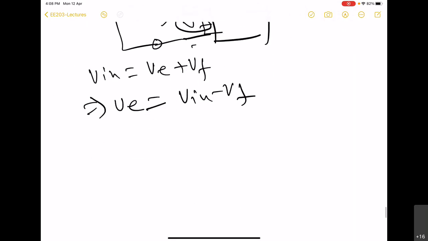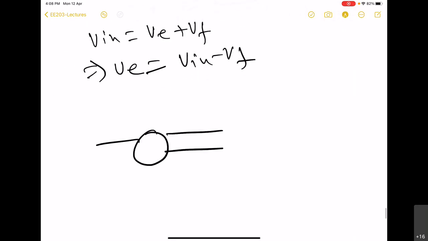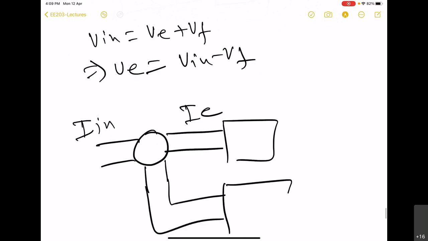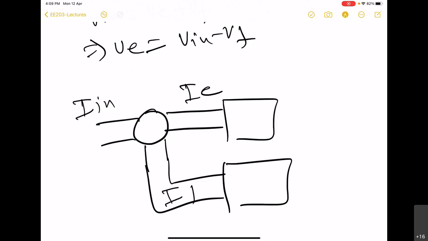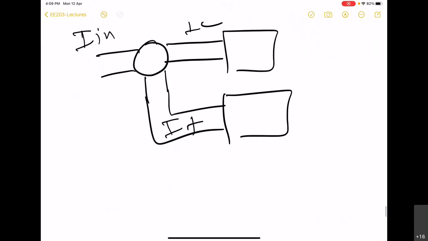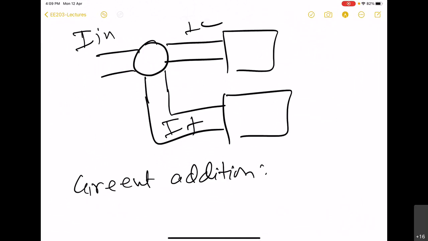Okay. Similarly, suppose we have to supply current. That means we have I in here. We want to feed IE to the amplifier, and we are feeding back current. So we have to basically add currents, or subtract, it's the same thing. And we know that they always have to be done in parallel. That means these two connections here have to be in parallel.